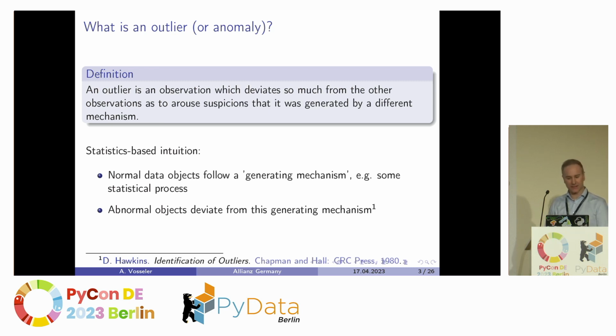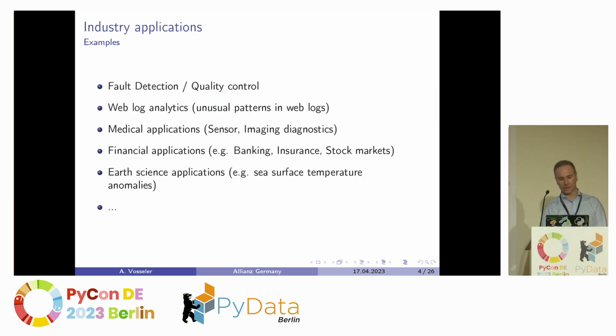This is very much statistics based, so really normal data objects somehow follow that generating mechanism, whereas abnormal or deviating objects somehow deviate in some statistical sense from this data generating process.